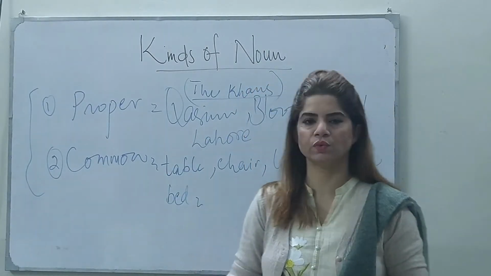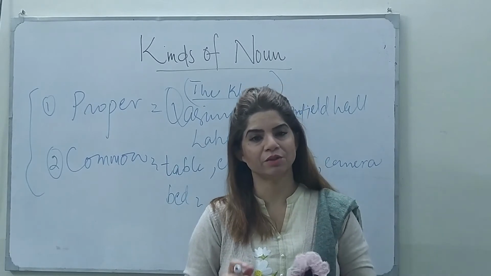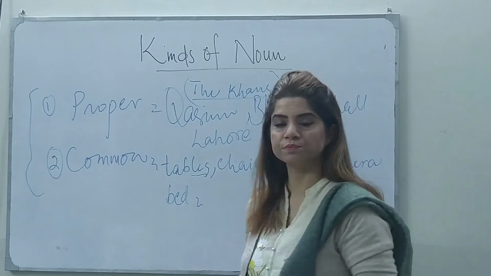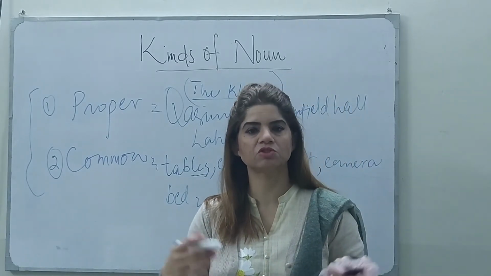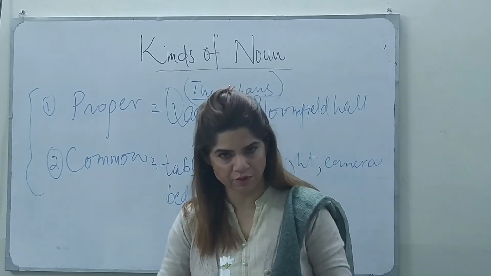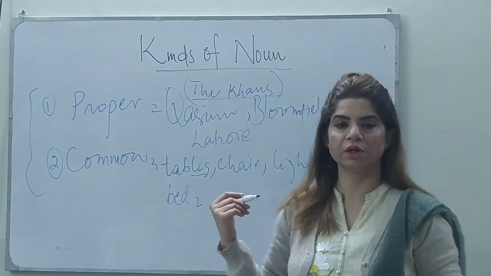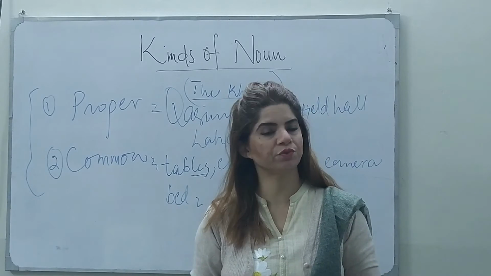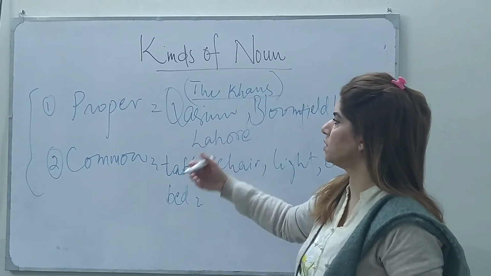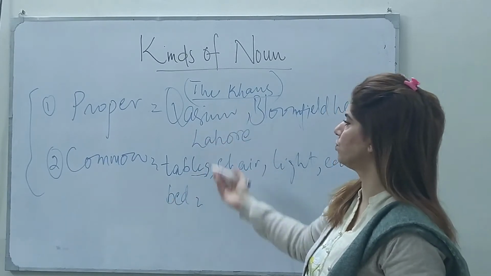What you can do with these common nouns is change them into plural. If you add s, they will become plural: tables, chairs, cameras, clocks, whatever. And you can add an article in front of the common noun, that is a and the.